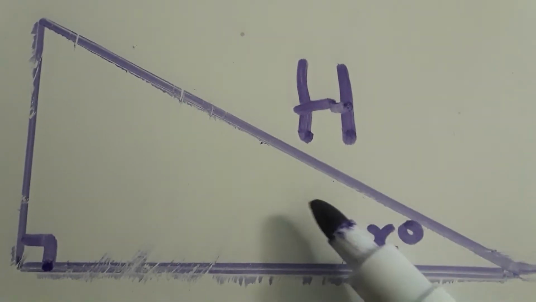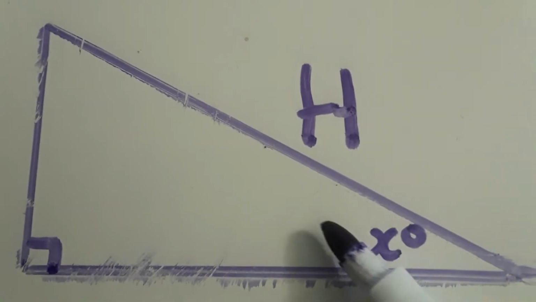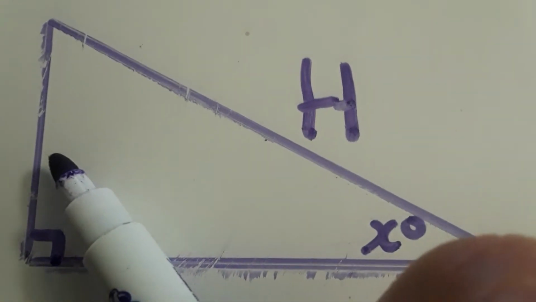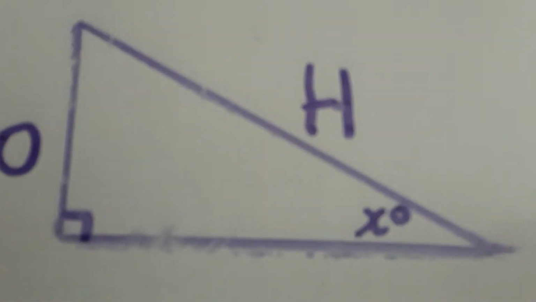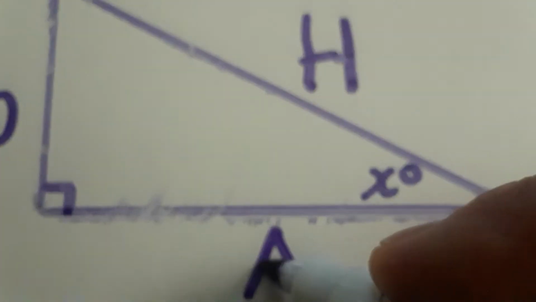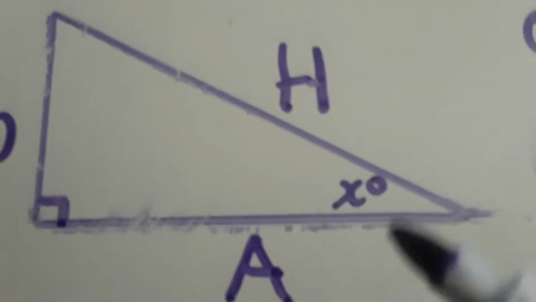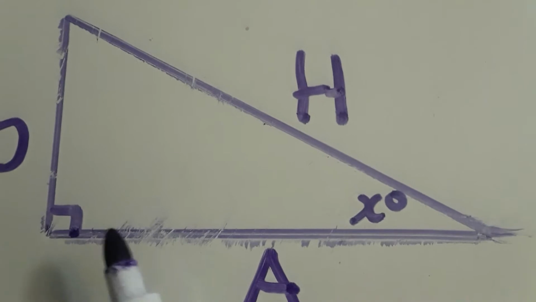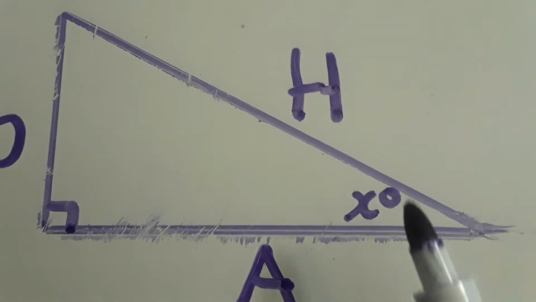So again, if you take your pen or your finger and move opposite this angle, you will have the side that's opposite, and we put an O there. That leaves one side left, and that's called the adjacent side, and adjacent means beside. So if you look right here, this side is beside the angle.